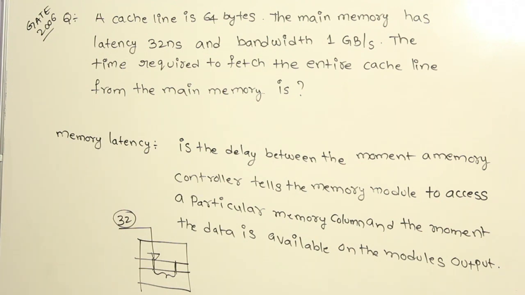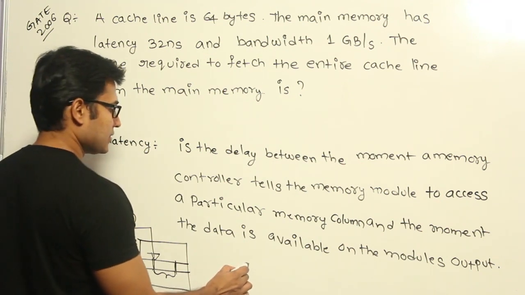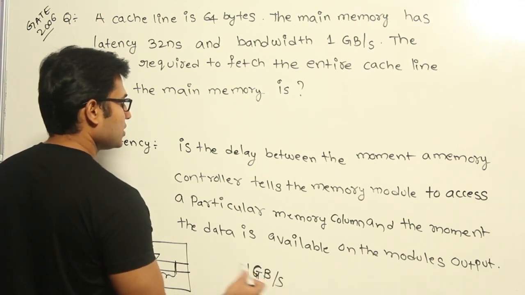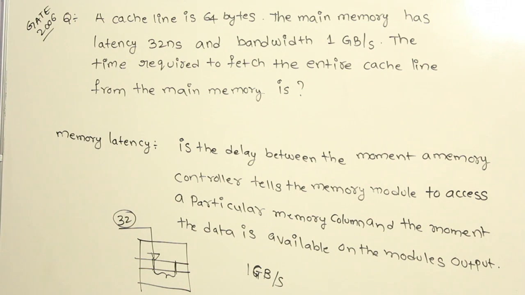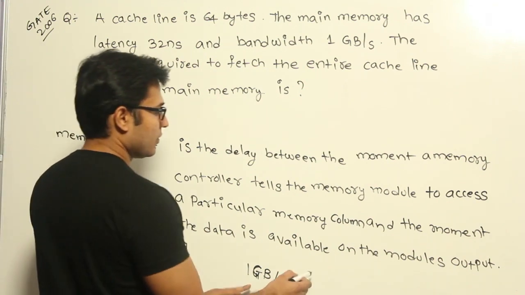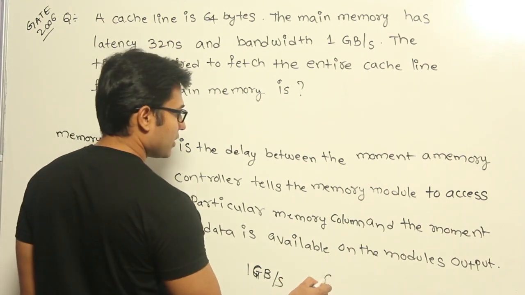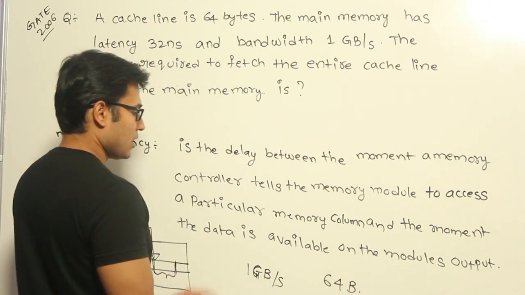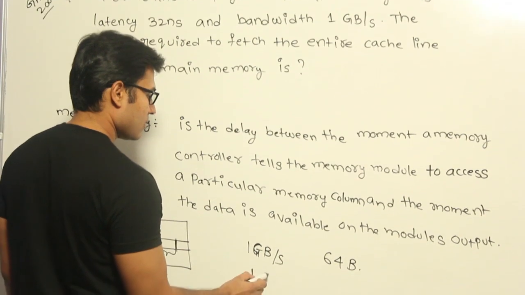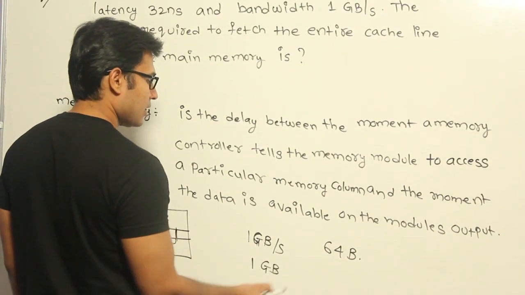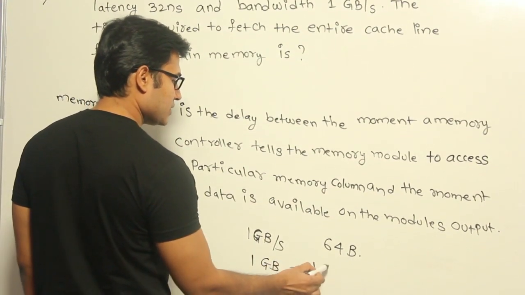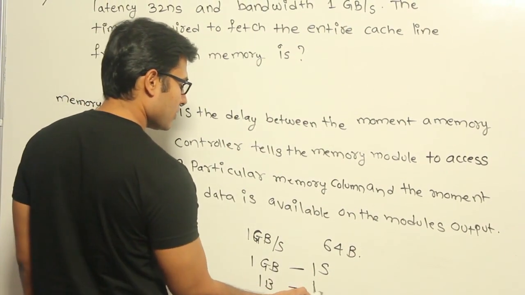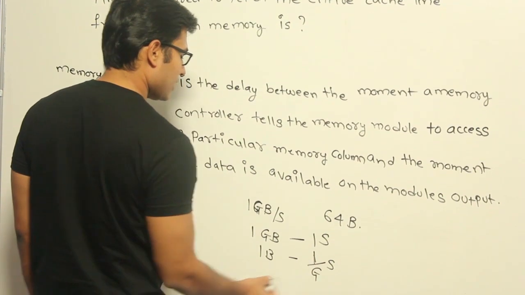Since the bandwidth is given as 1 GB per second, and the amount of data we require is 64 bytes, in 1 second 1 GB of data can be transferred, which means 1 byte can be transferred in 1 by G seconds, right?